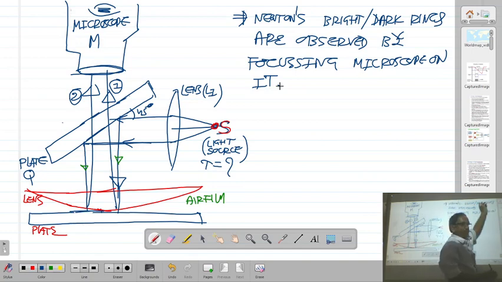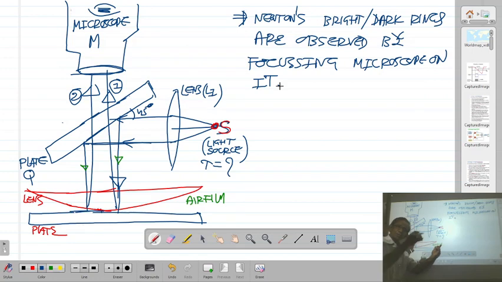So you will be able to see the bright ring or dark ring if you focus the microscope on the lens and plate system. Due to the interference produced by the air film, you will be able to see the bright rings and dark rings in the microscope, and you will also be able to measure the diameter of the ring using the microscope.